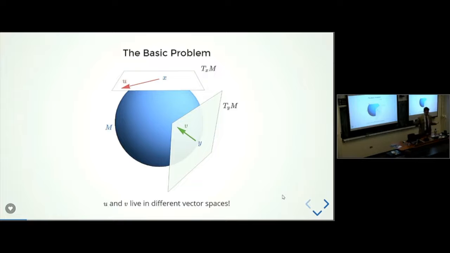And for me, spaces could be spaces of conformations of a protein, the different possible configurations of a protein, or a space of linkages. You have some mechanical linkage, and you want to know all the possible conformations of it.